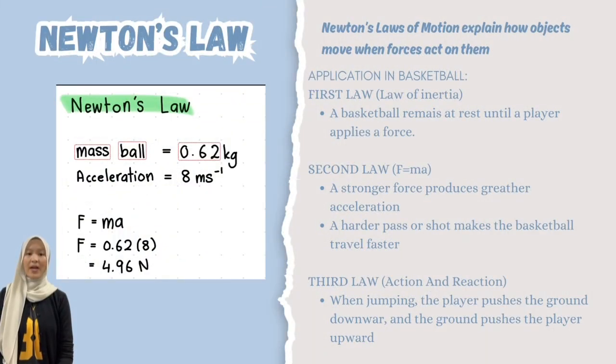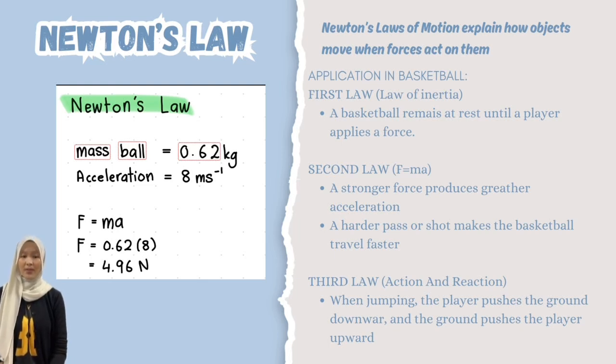Now, let's apply Newton's second law of motion. Newton's second law states that the force acting on an object is equal to its mass multiplied by its acceleration. The formula is F equals ma. In this case, the mass of the basketball is 0.62 kilograms and the acceleration is 8 meters per second squared. Next, we substitute the values into the formula.